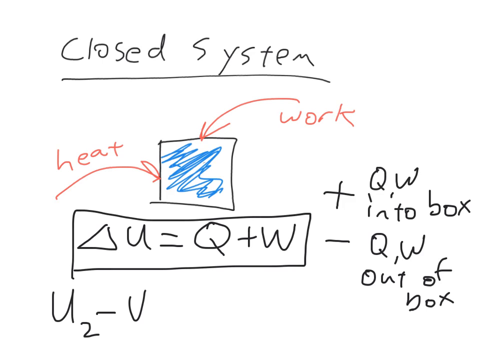We may get U values from the equations on integrating heat capacity. We may get them from various sources. So here's just written out what delta U is, where U2 is the internal energy at state 2 at some time, and U1 is the internal energy at state 1 at some other time. And so we might calculate these again using data or formulas.